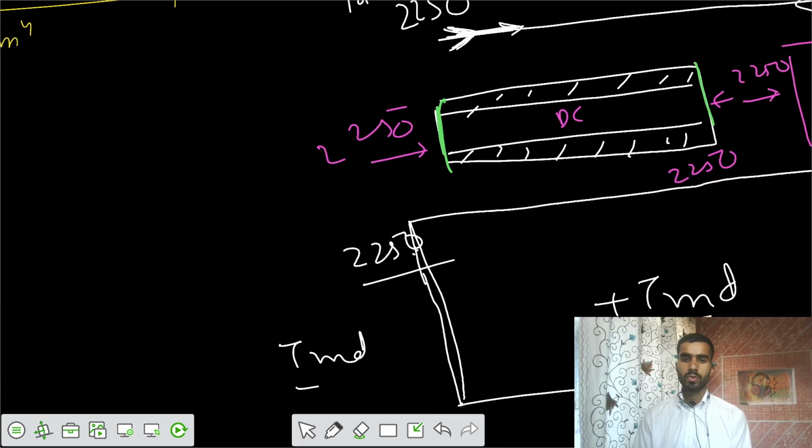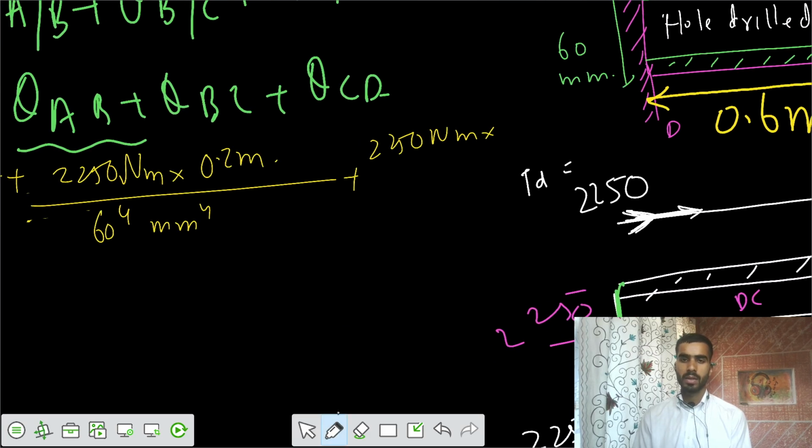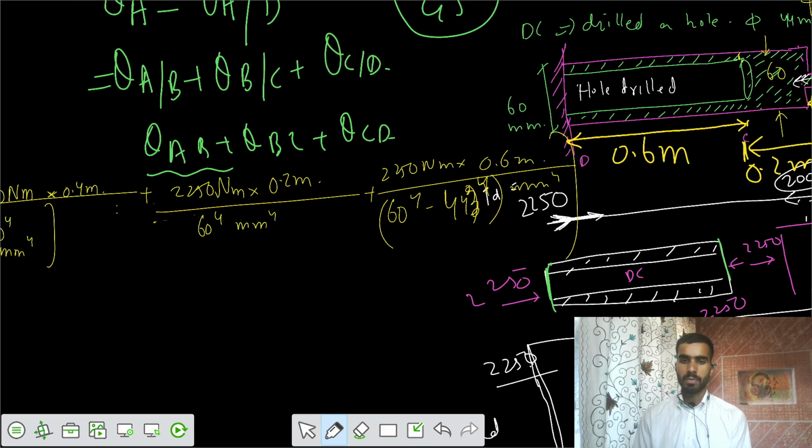and a torque of 2250. So I would write 2250 Newton meter, and the length L 0.6 meter by GJ, that is pi by 32, and d outer minus d inner, power 4 millimeter power 4. And finally you solve this equation.